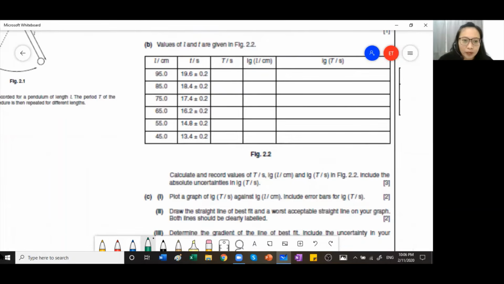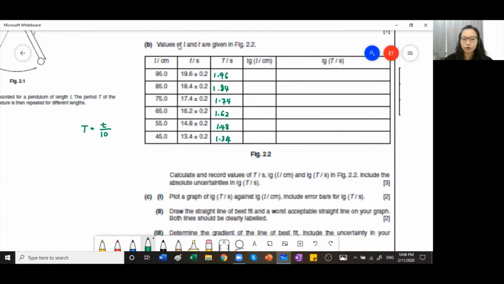So period is equal to t over 10 because the number of oscillations is 10. So 19.6 divided by 10, I get 1.96, 1.84, 1.74, 1.62, 1.48, and 1.34 here. Can you see that? It is that simple.